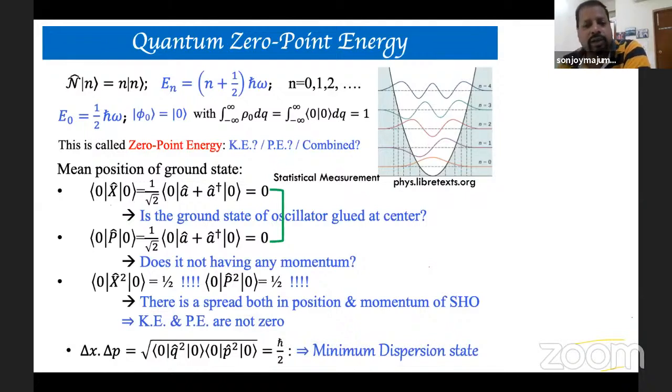So for one particle, the ground state energy, or 0-point energy, is half h omega. If there are 3 particles in the system confined inside the harmonic oscillator, you have to add them up. Depending upon the number of particles, it goes linearly. So this will vary. Did I answer the question?